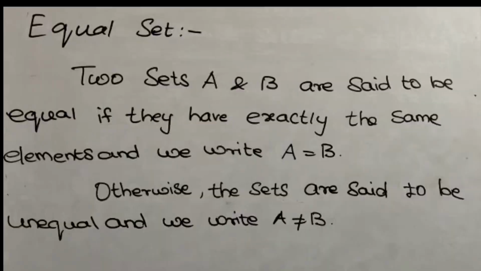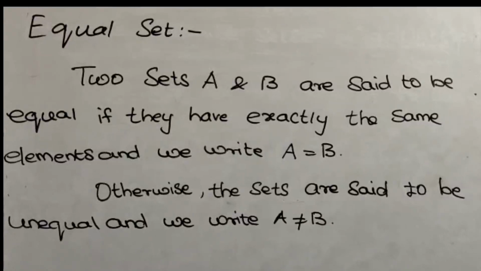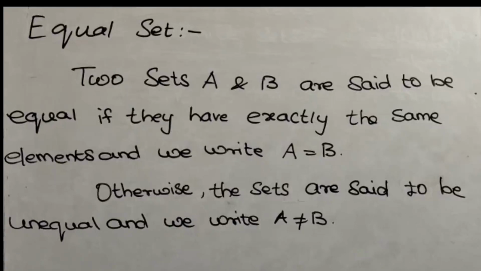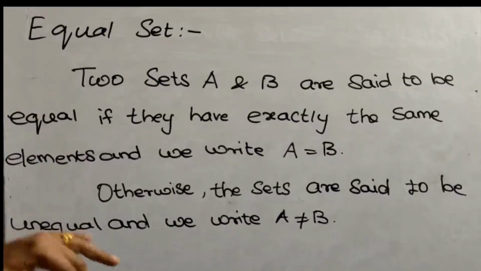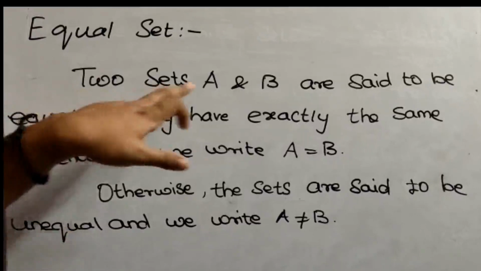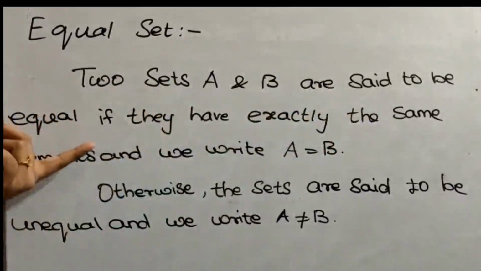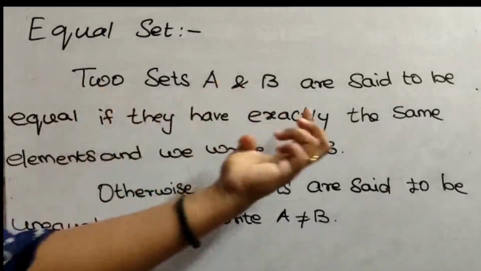Now we'll see the equal set. Take two sets, set A and B. If every element of set A is also an element of set B, and every element of set B is also an element of A, then we say that both the sets are equal. This is the mathematical definition. Two sets A and B are said to be equal if they have exactly the same elements.